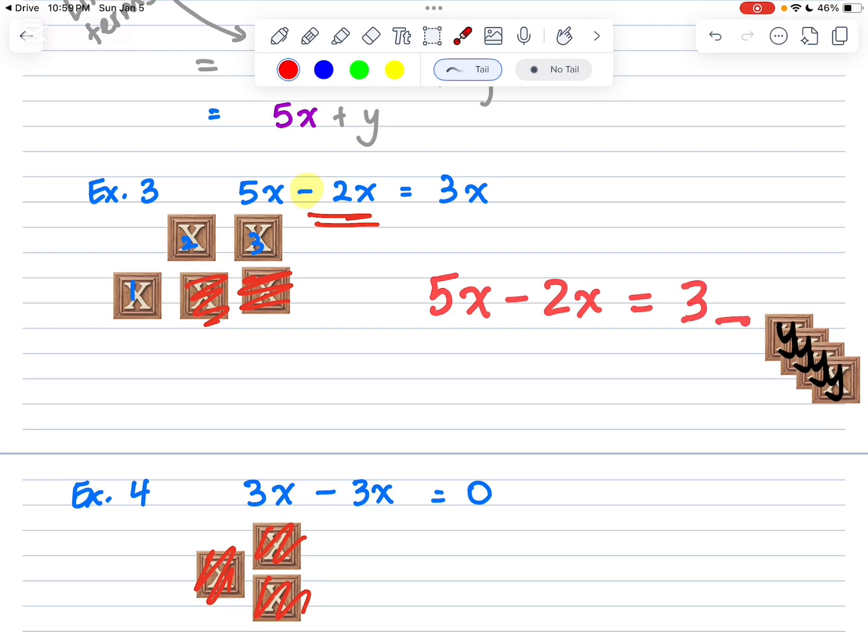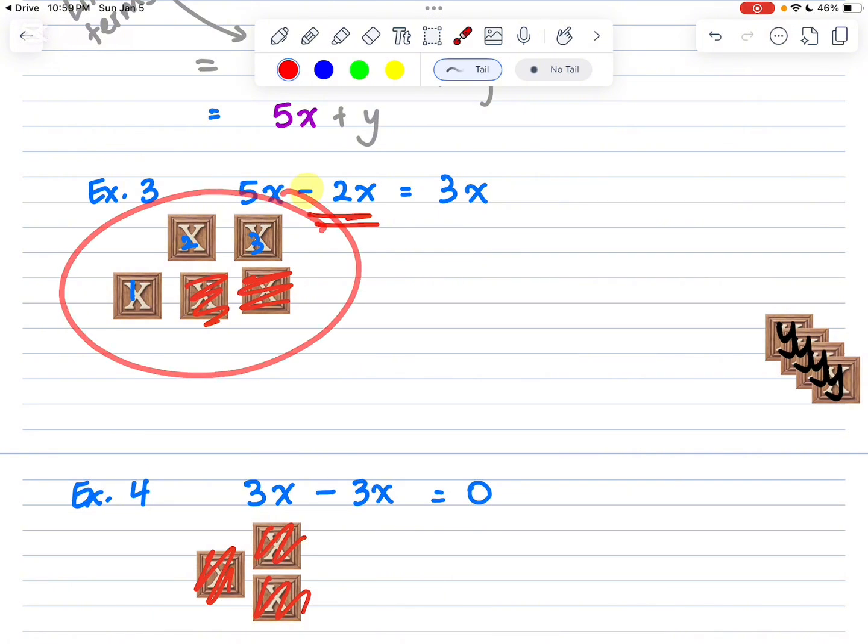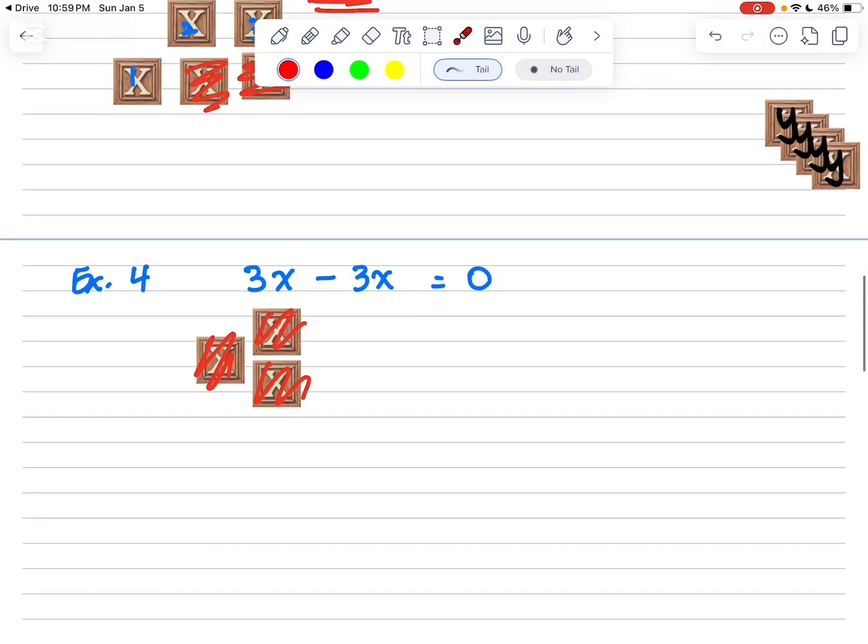Why is there even an x after that? But if you think about it in terms of tiles, 5 x's minus 2 x's, the x is almost like a unit, like 5 meters minus 2 meters gives you 3 meters. Okay, so thinking of it that way tends to help you avoid some confusion and some issues.